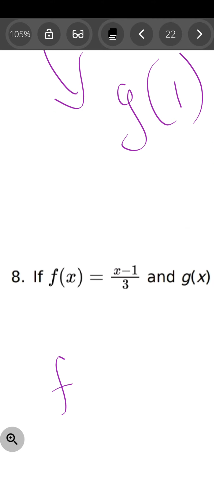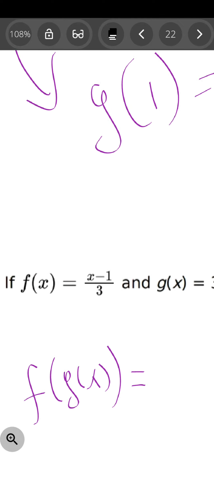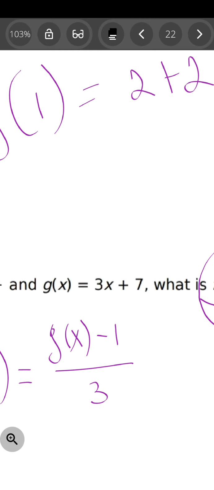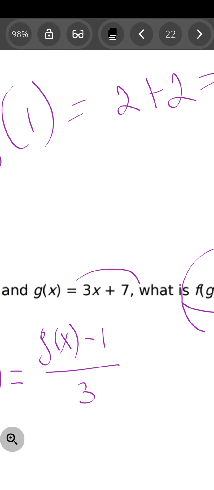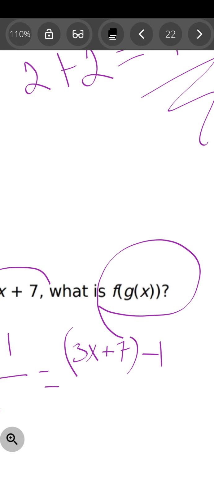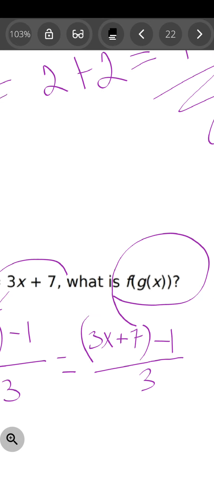It means that f of g of x will be (g of x minus 1) over 3. And let's write 3x plus 7 in the place of g of x. That is equal to (3x plus 7 minus 1) over 3.